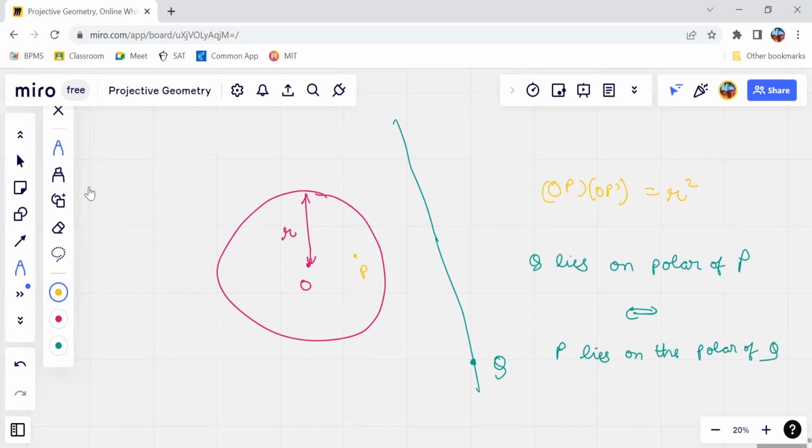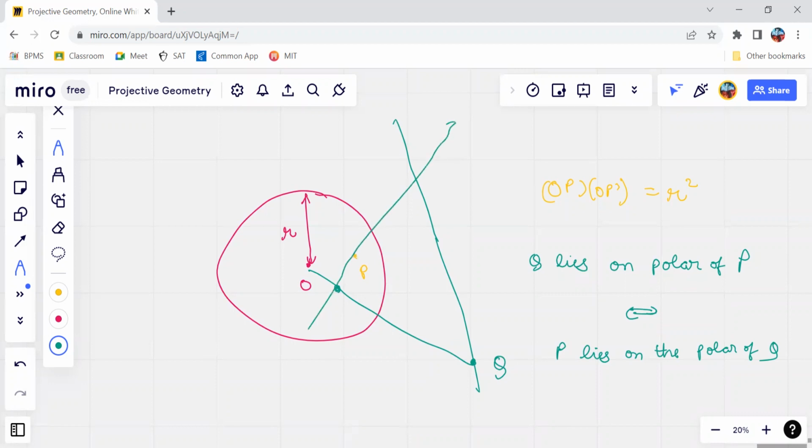So, okay, how are we going to prove this? What does it mean for P to lie on the polar of Q? So we're going to take the inverse of Q. P lies on the polar of Q, so P is not necessarily the inverse.